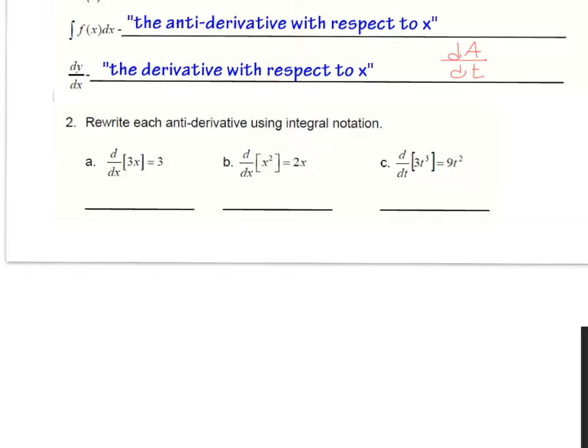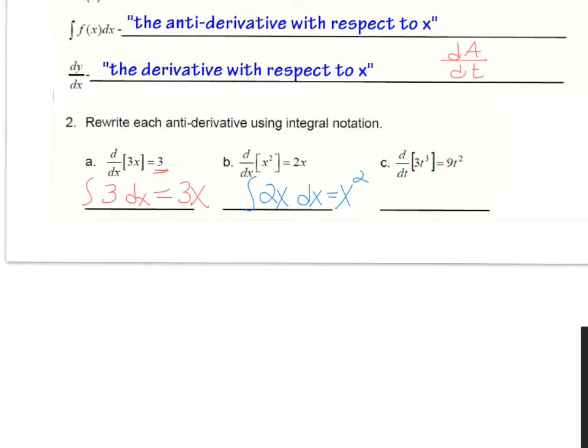So what we're going to do down here for number 2 is just rewrite these using the antiderivative notation. 3 being the derivative, if I take the integral of 3 dx, I will get 3x. For b, if we take the integral of 2x dx, we would get x squared.